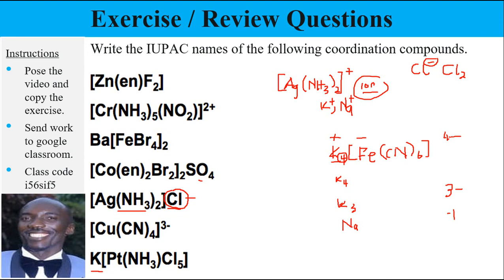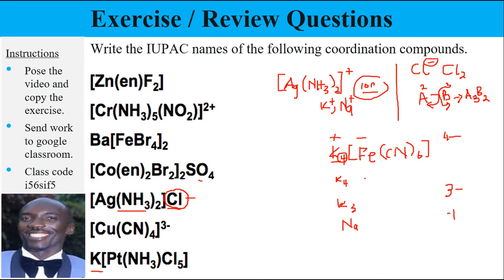It's like how we were writing chemical formulas in our lower classes. For example, if I had elements A and B, this one has a valence of 2, and this one has a valence of maybe 3. Then we switch. So the 3 will come on A, then the B will be having 2.